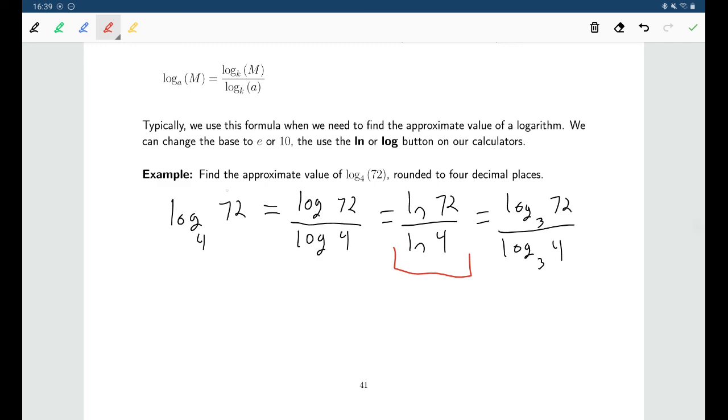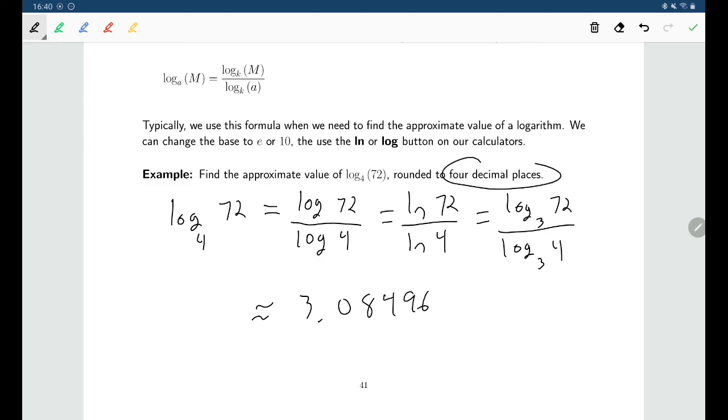Whatever the base you choose, whether it's base 10 or base e, that log of 72 over that log of 4 will give you the approximate value. And if you use your calculator, you should confirm and find out that both of these expressions give you the same value, which is about 3.08496.